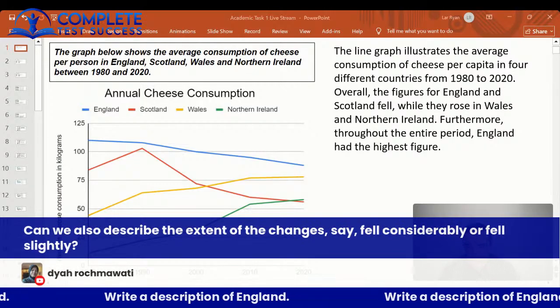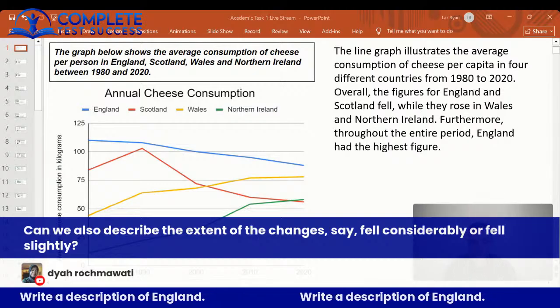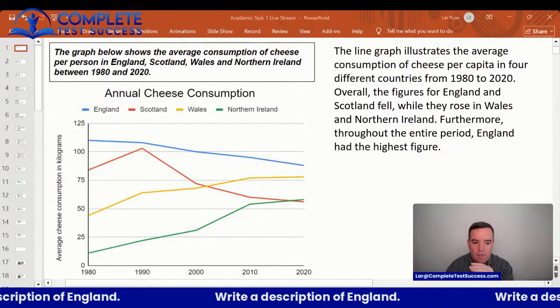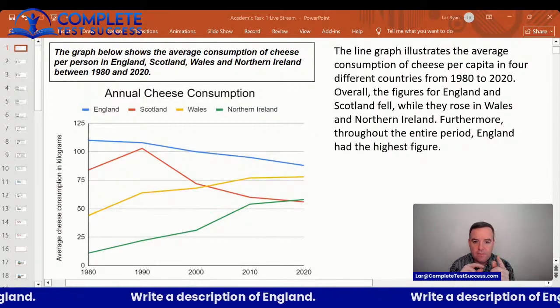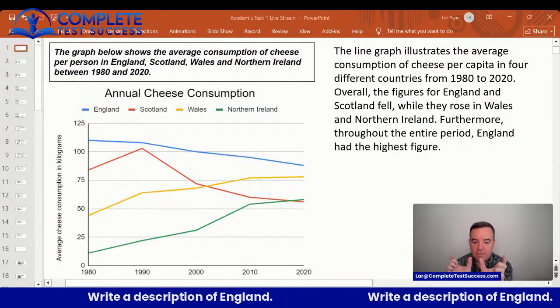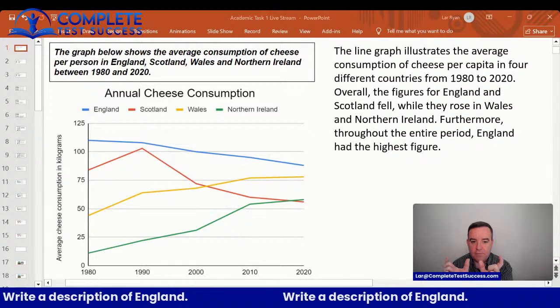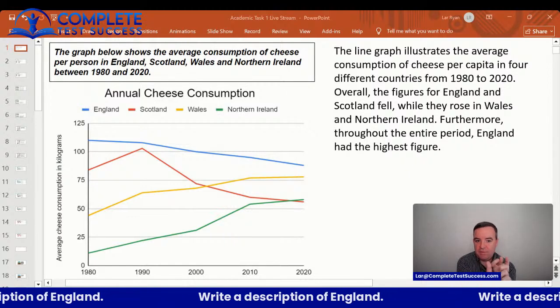Dia, can we also describe the extent of the changes, say fell considerably or fell slightly? Yes, absolutely, you can do that. Where I see students going wrong when they try to describe the range is that they'll apply a word to two categories that only applies to one. So they'll say category A and B increased significantly, but A was significant and B was slight.